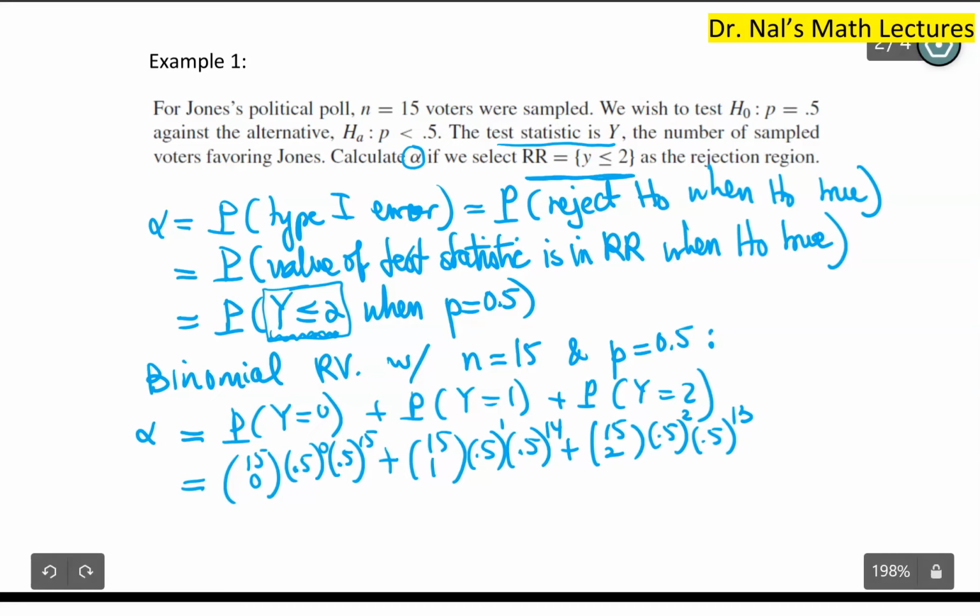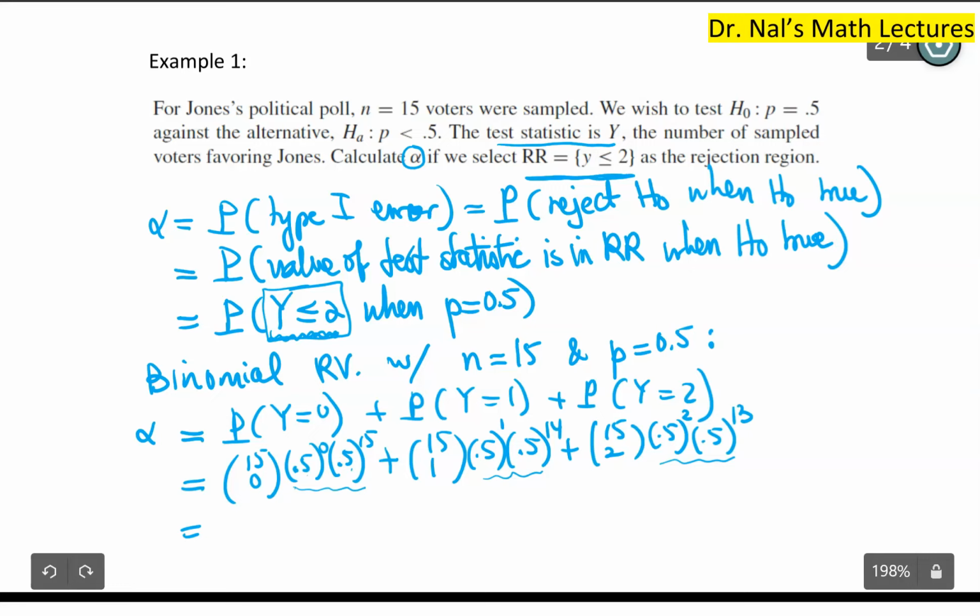The good news is that when you multiply these, you add the exponents because they have the same base. So 0.5 raised to the power 0 times 0.5 raised to the 15 is 0.5 raised to the 15. The same thing here, and the same thing here.